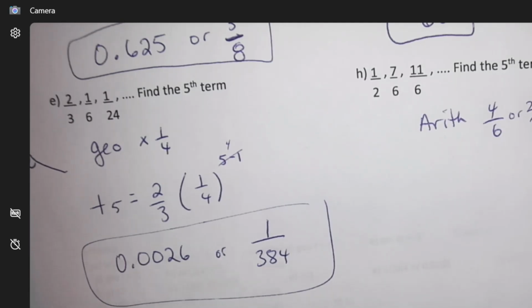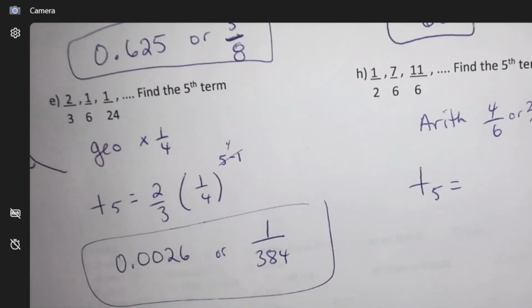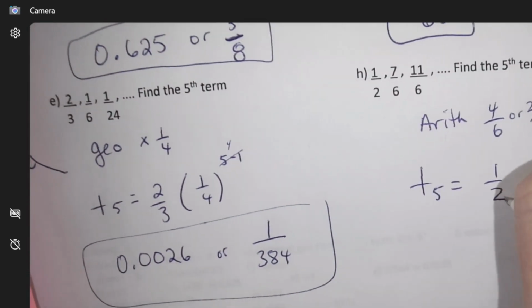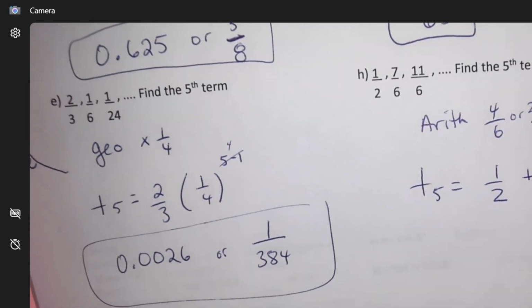Okay, so here we go. Term 5 equals arithmetic. So which one are you going to pick? This one with the D in it. So 1/2 plus 5 minus 1 times 2/3.